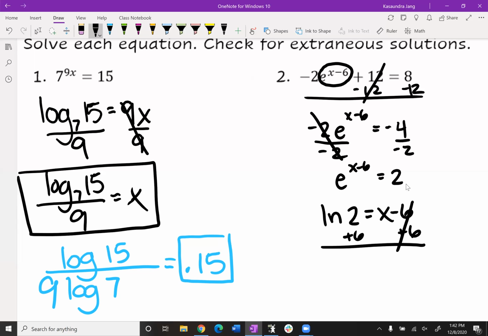Okay, Wilson, I'm going to come to you then. Wilson, if I do natural log of 2 plus 6, does that mean I get natural log of 8? Is that what that means?